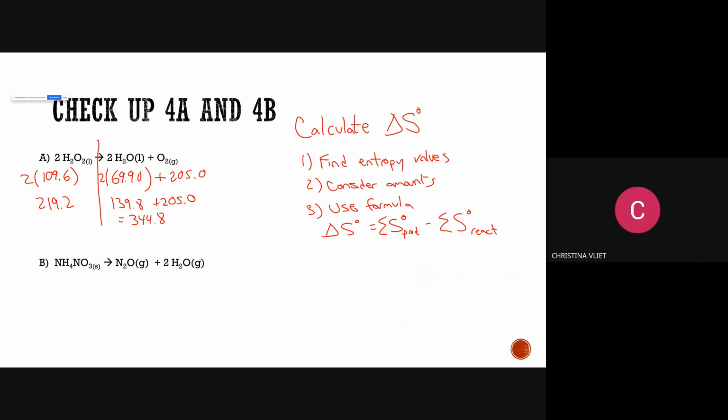So it would then be 344.8 minus 219.2. Double check me because I didn't do the math on my own earlier, but it should just be 125.6 positive. So that's why if you just have H2O2 just sitting around it becomes H2O and O2.